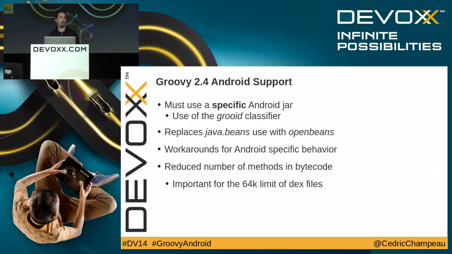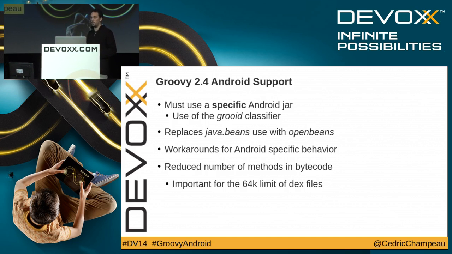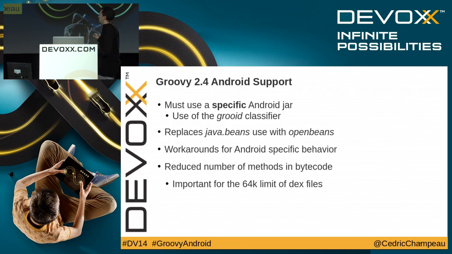Because if you look at the bytecode that Groovy generates, since it's a dynamic language by default, it has to use a lot of helper methods, and those were not strictly necessary all the time, so we optimized that, and it's really important in the context of Android, because you know that there's the infamous limit of number of methods, and especially if you start using the Google Play services libraries, etc., it's very easy to reach that limit.